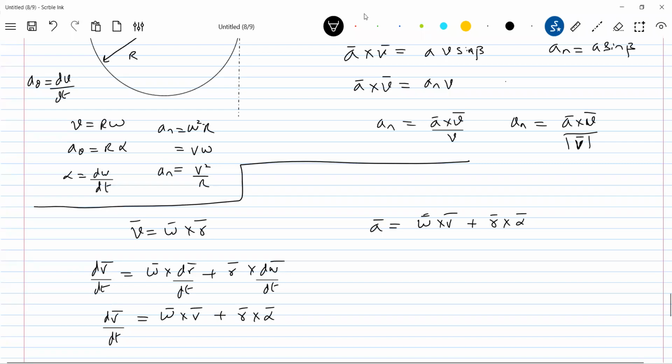What is this? This is the centripetal acceleration, no? Okay, this quantity, another form. This is what? Centripetal, and this is what? The tangential.